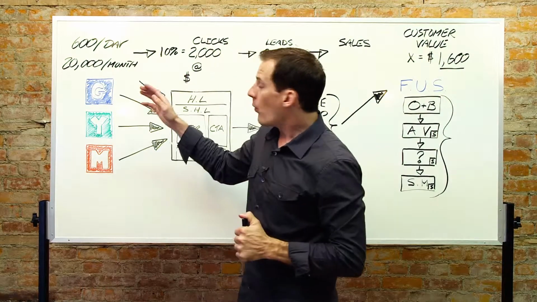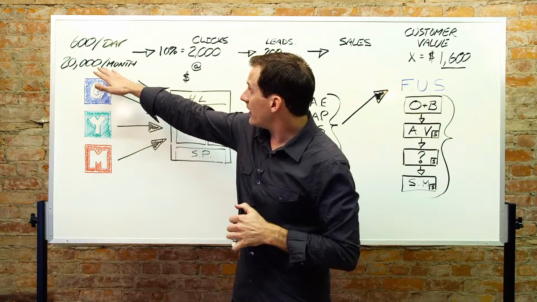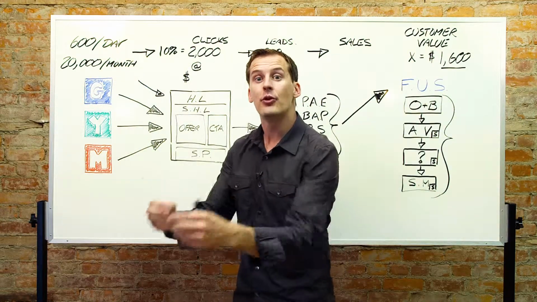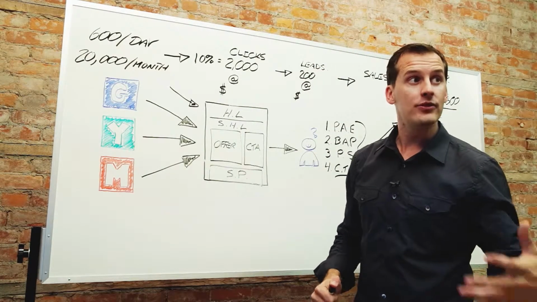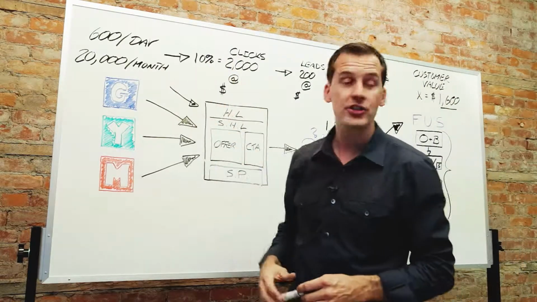Now, once you have your customer value, you start figuring out how much traffic is online for you to tap into. You go do that Google keyword tool search, start typing in your keywords, and figure out how much traffic there is.